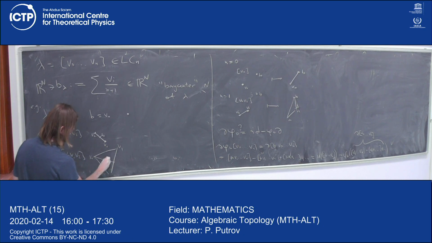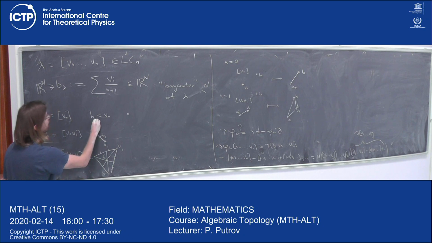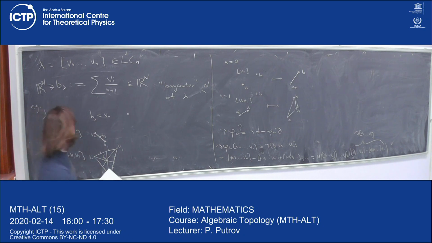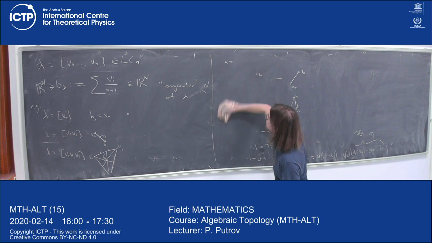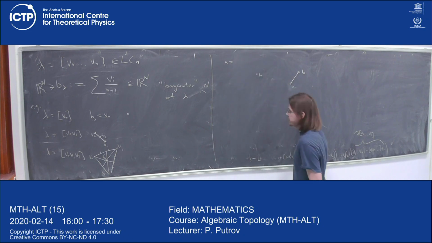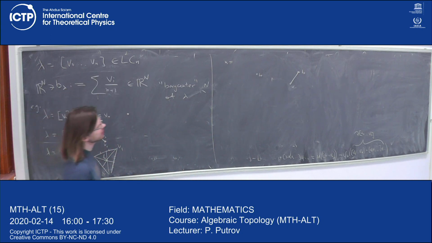We take the intersection of medians, and this will be my B lambda. You can say it's the center of mass if all these points have the same mass.